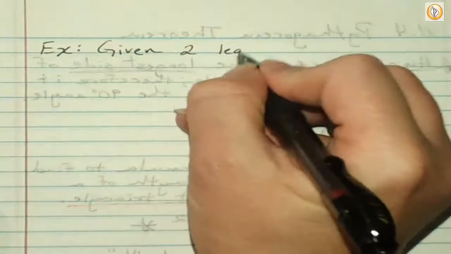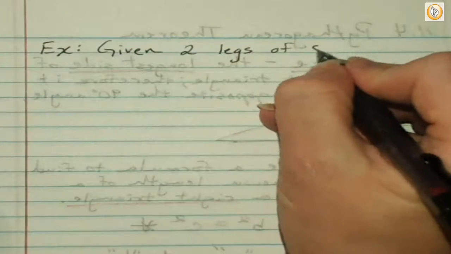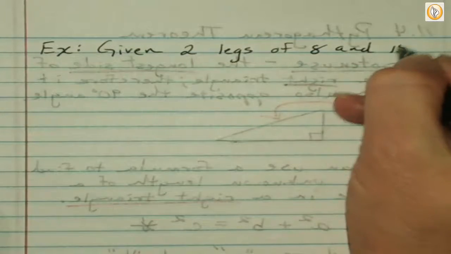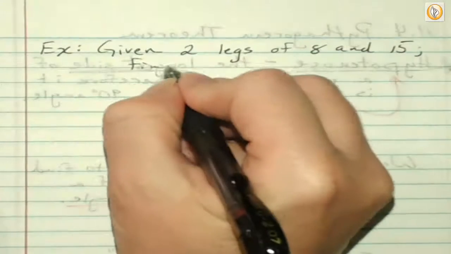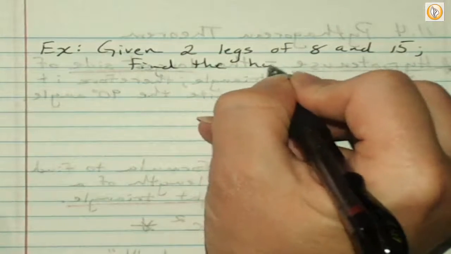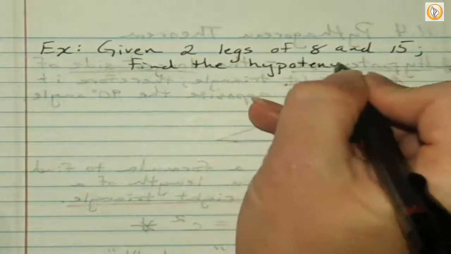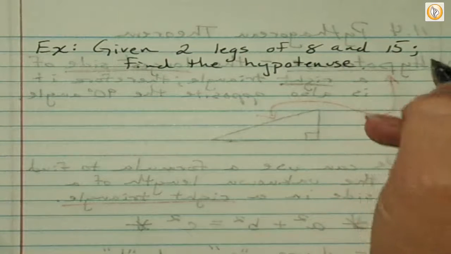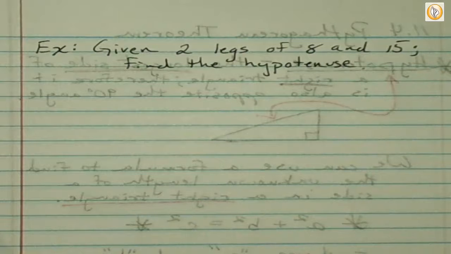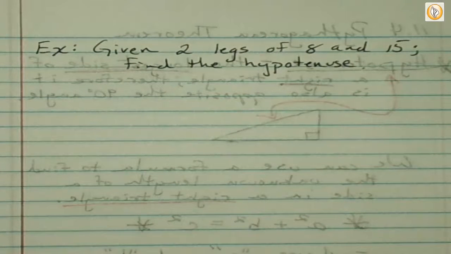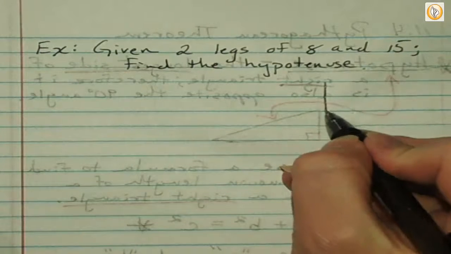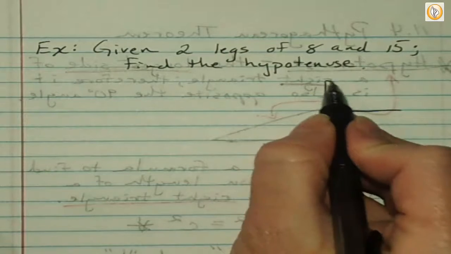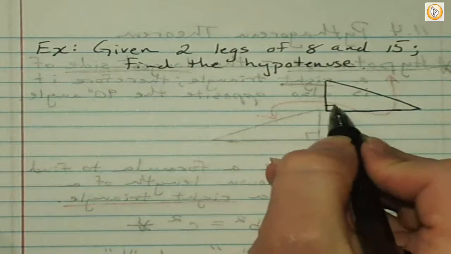Given two legs of 8 and 15, find the hypotenuse. One of the things I typically suggest to my students, especially at the beginning when you're just now learning this, is to draw the picture. Sometimes a visual does help.